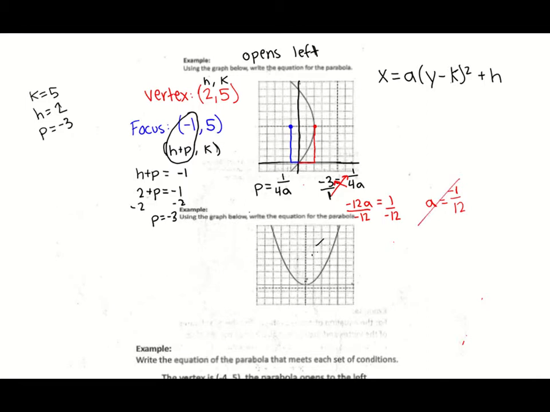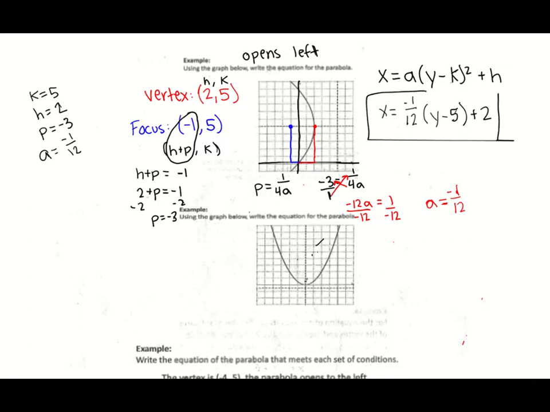That is my value for a. So I can add that to my list over here, and then I am ready to plug my answers into my equation. Here I know x equals a, which is negative 1/12, times (y minus k, which is 5) squared, plus h, which is 2. And this is my equation for this parabola.